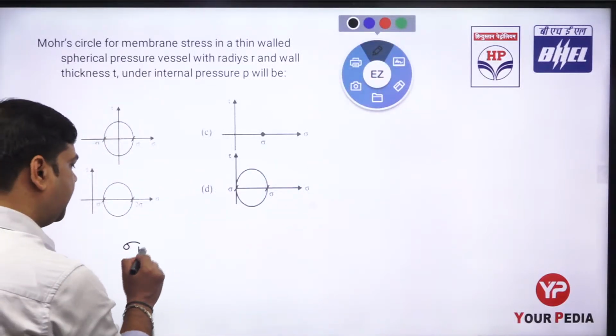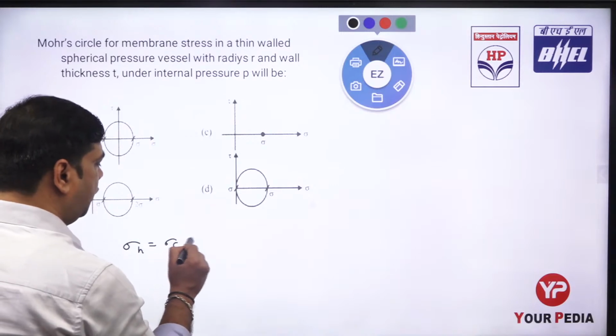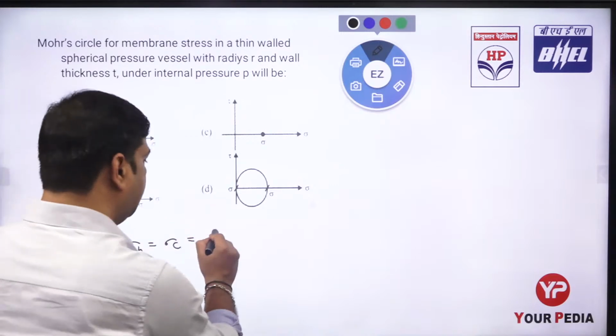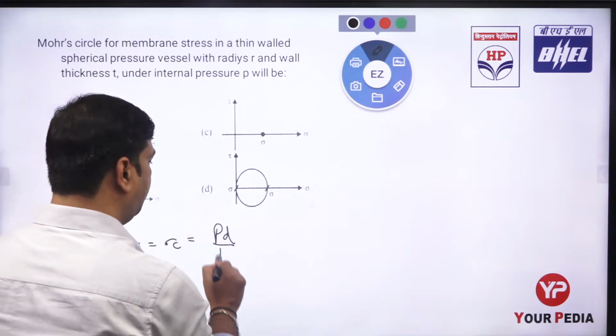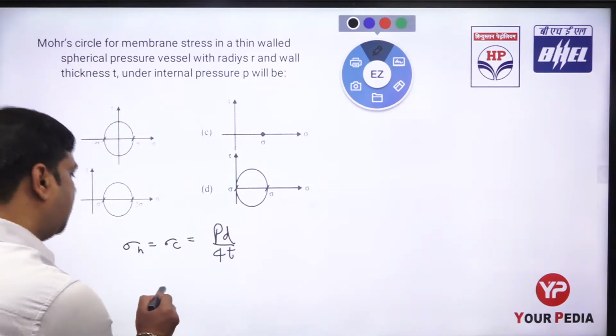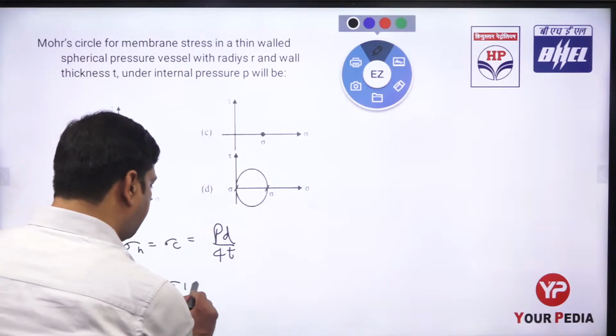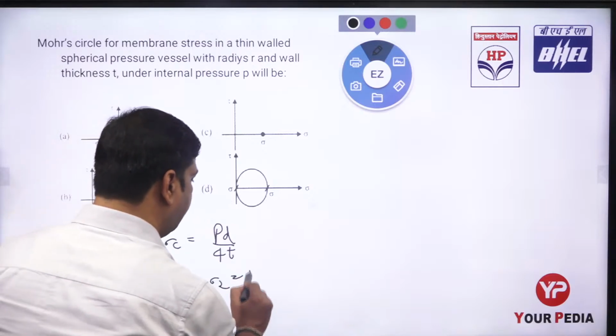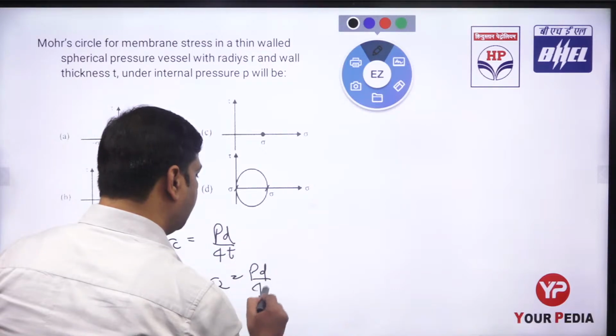In the case of a spherical, hoop stress equals the longitudinal stress, circumferential stress equals PD by 4T. That is sigma 1 equals sigma 2 equals PD by 4T. Both have the same dimension.